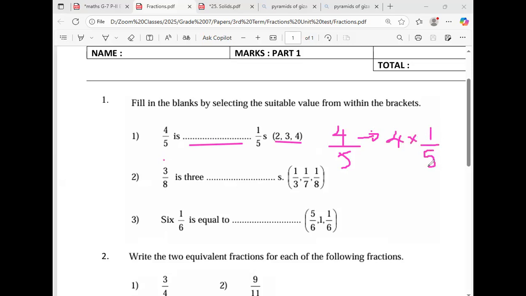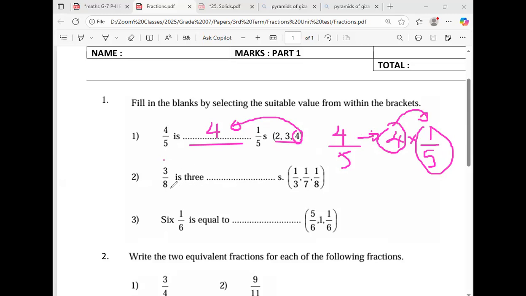There are four 1/5s, so the suitable value is this one. Four 1/5s means 4/5. That is how we are going to read it.